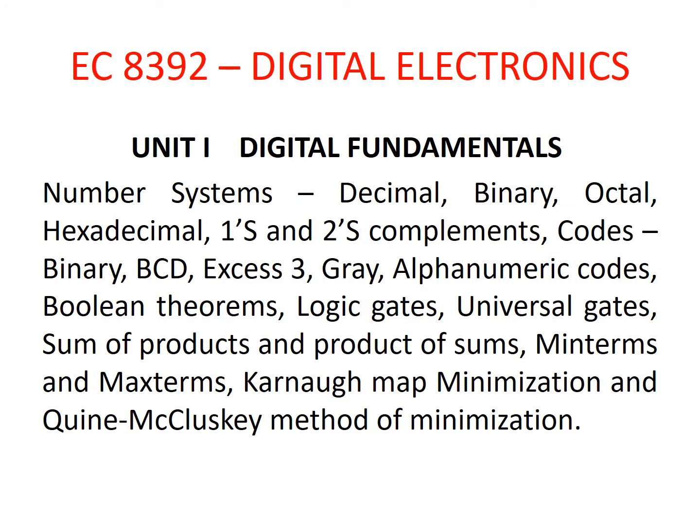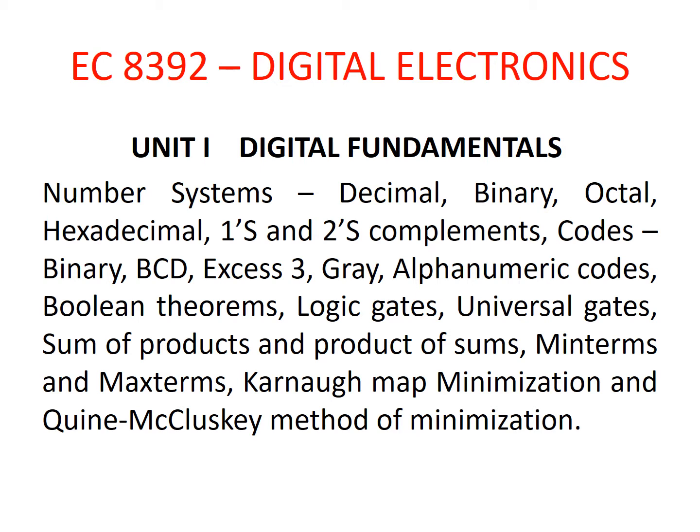This is the syllabus for your first unit. First, we are going to study number system, then number system conversions, that is decimal, binary, octal and hexadecimal conversions, then ones and twos complements, arithmetic circuits, then different types of code generators, that is binary code generator, BCD code generator, XS3 and gray code generator.